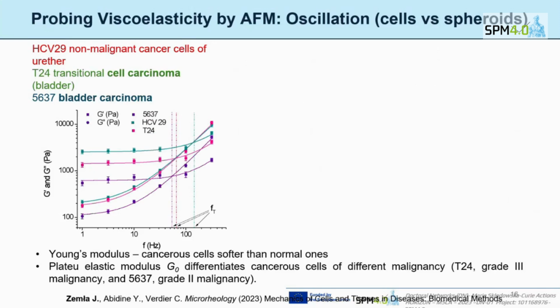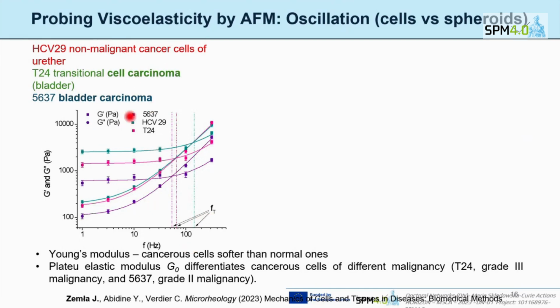go a step further. So we examined 3 different cell lines: normal, transitional, and low-grade carcinoma. And we can see that the viscoelastic, the rheological characteristics of the cell lines are different.